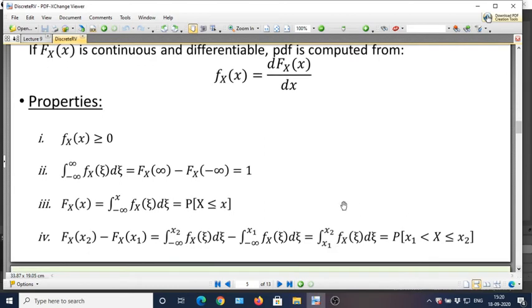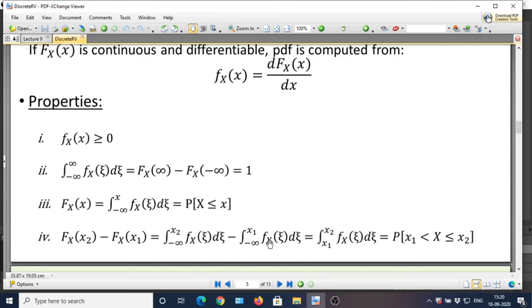More importantly, we will see that if you find the difference of the CDF at two points x2 and x1, for x2 greater than or equal to x1, then this can be written in this manner. Fx of x2 is nothing but the integral from minus infinity to x2 of fx of xi dxi, minus Fx of x1, which is the integral from minus infinity to x1.